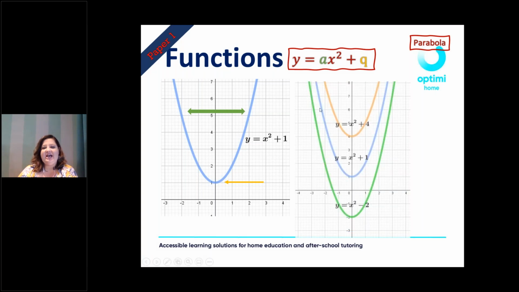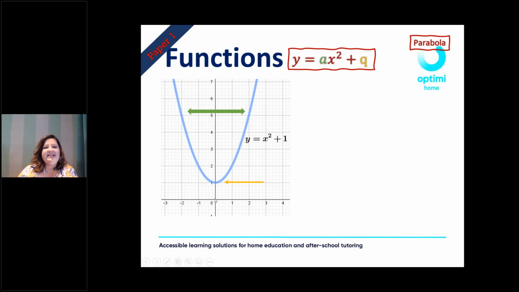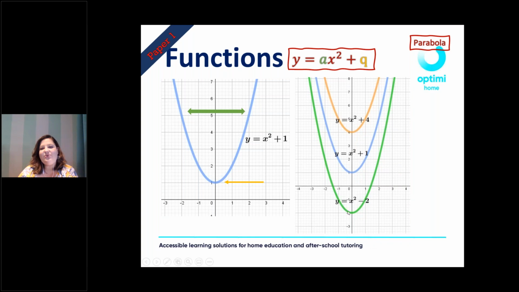So now let's look at our Q value, and I said it is the y-intercept, or in this case, how much this graph moved up. Again, it represents my y-intercept, and I've drawn a few examples here for you. If you look at this one, x squared minus 2, my Q value now is -2. Remember to take the sign of your Q value into account.